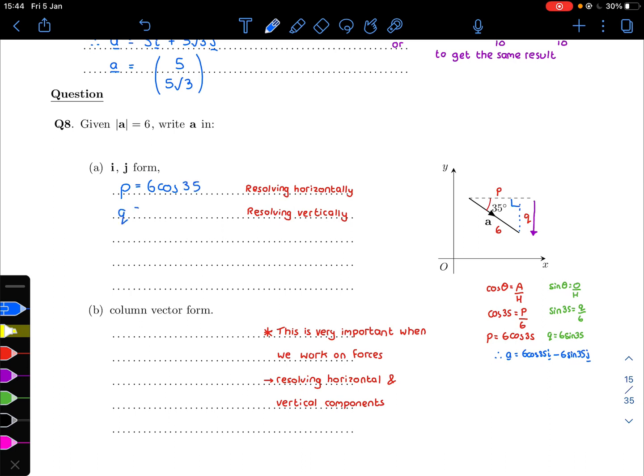Then vertically, Q is acting down, but for now that doesn't matter. I'm just going to get the value, although I could do it as a negative. It will be 6 sine 35 because it's the opposite, and then put a negative on because it's acting downwards.